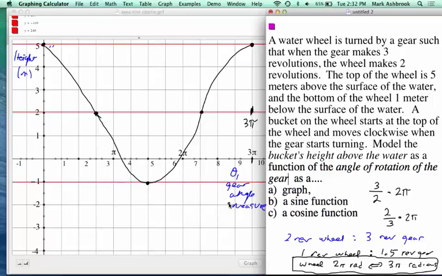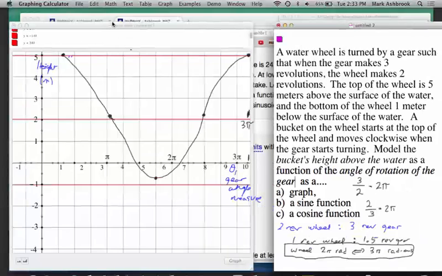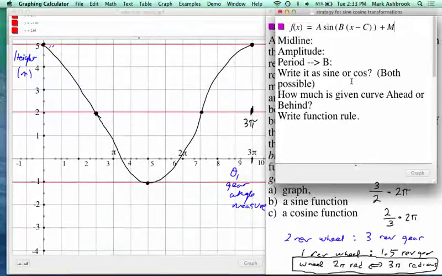So here's our strategy again. Given the curve, write the formula. Midline, amplitude. Find B from the period. And then you choose. Start with the easier one, and then do the other one.